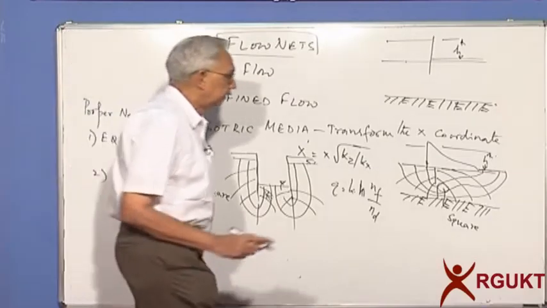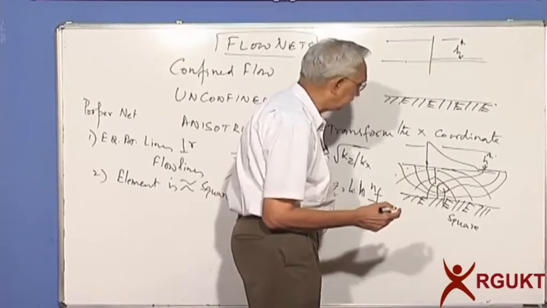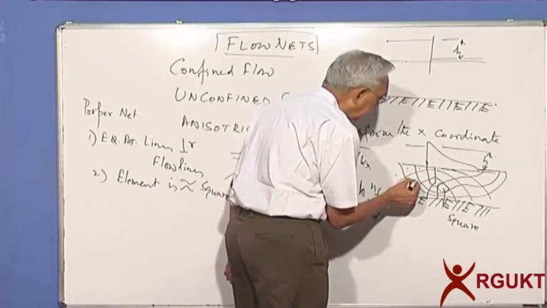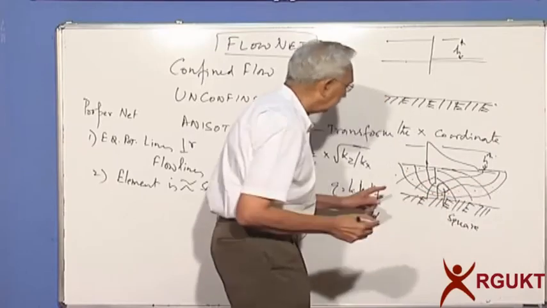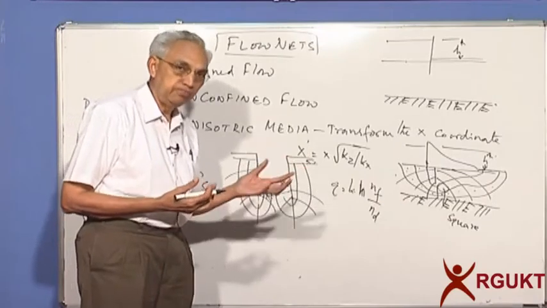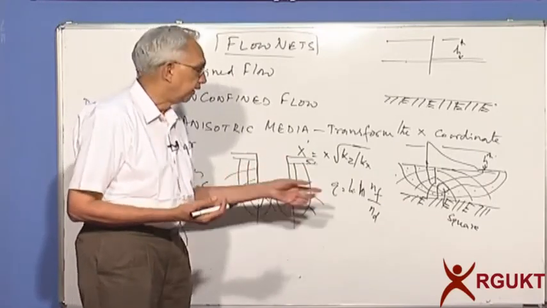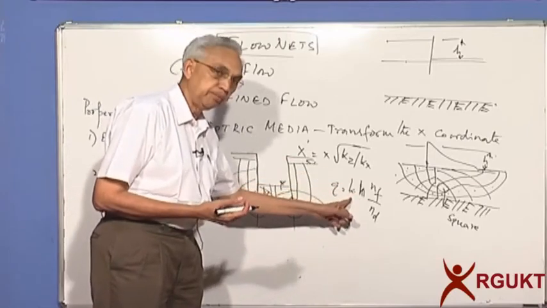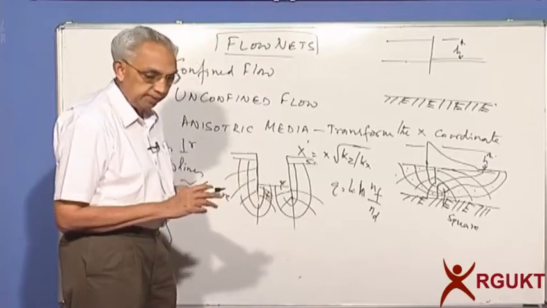You can see here we have, let's say, 1, 2, 3 flow paths, and head drops 1, 2, 3, 4, 5, 6, 7, 8, 9. So all you have to do is calculate from your flow net how many flow paths and how many head drops there are. And this is a very simple number.